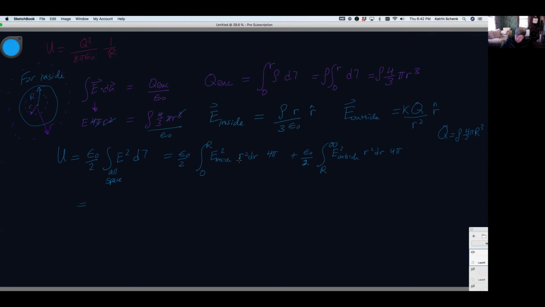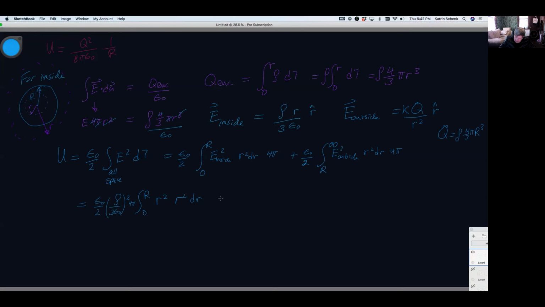All right, this first one, E squared inside, is going to be epsilon naught over 2 times rho over 3 epsilon naught all squared, and then the integral 0 to R of r squared times r squared dr. Oh, I forgot my 4 pi. Let's put the 4 pi there.